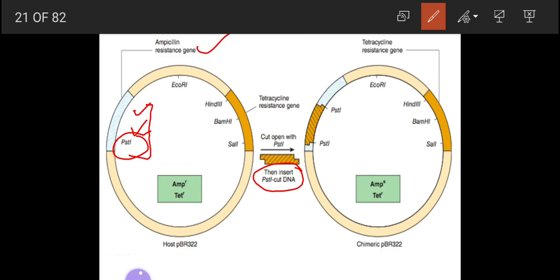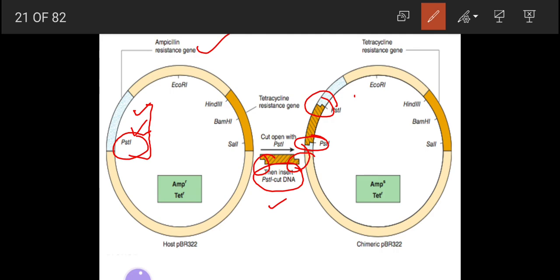we will cut our DNA which we want to insert. We use the same enzyme to cut open the vector so that we have the same sticky ends, which can be ligated into this host.